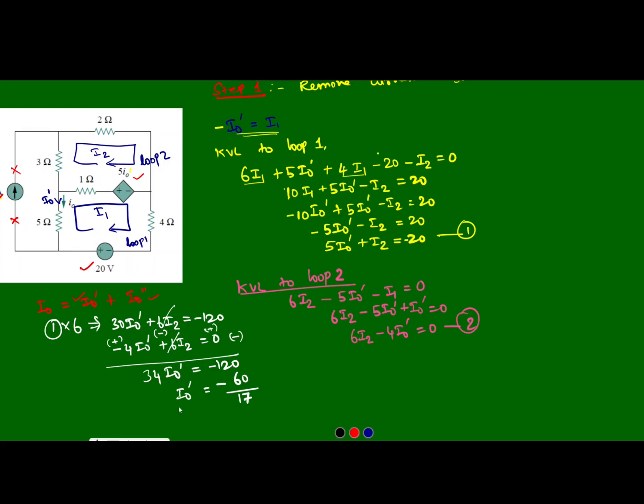So we have found the value of I0 dash when the voltage source, that is the 20 volt source, is active. In the next step, we will turn off the voltage source and we will turn on the current source.